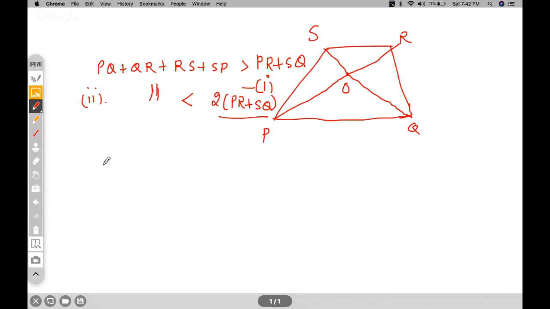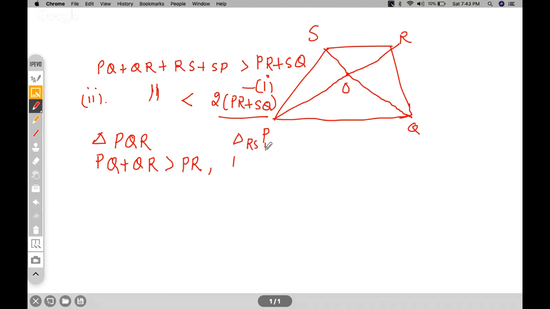So let's take triangle PQR. In triangle PQR, PQ plus QR would be greater than PR. Sum of the two sides is greater than the third side. Now let's take triangle RSP, the other side.